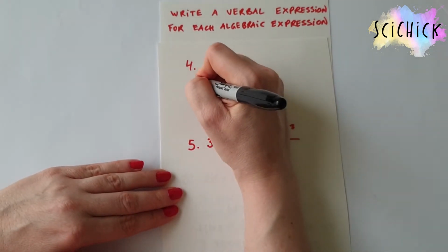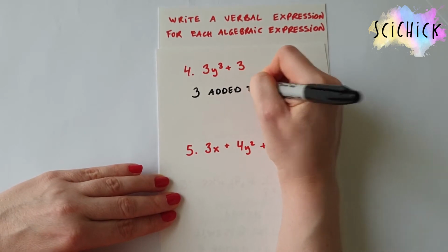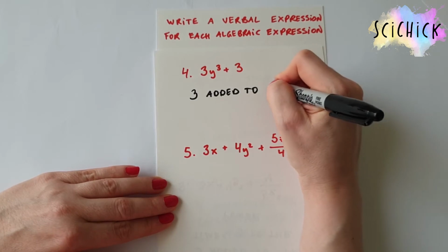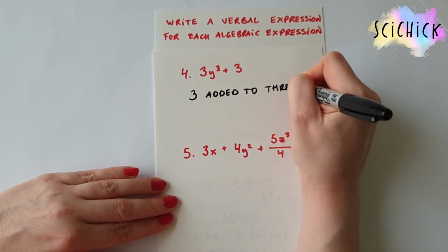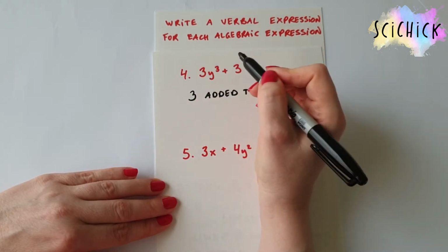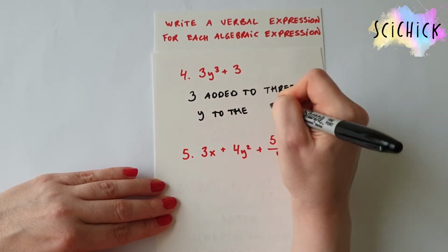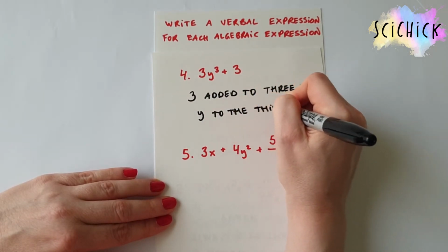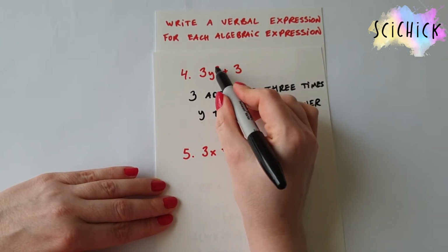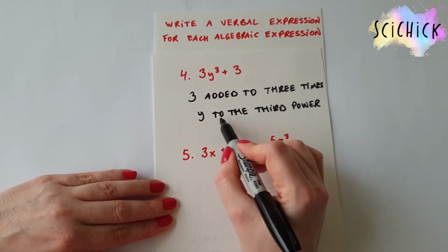We could say 3 added to, and then we have taken care of this part of the expression. 3 times, that's this guy here, y to the 3rd power. So it's y to the 3rd power. 3 added to 3 times y to the 3rd power.